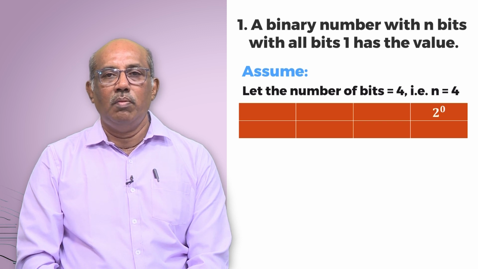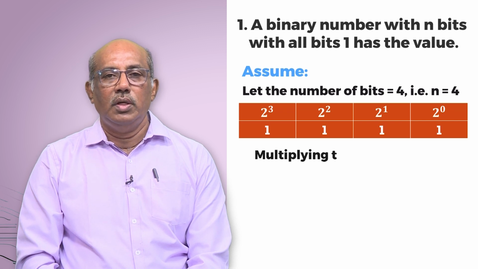The least significant bit has a position weight of 2 raised to 0, followed by 2 raised to 1, 2 raised to 2, and the most significant bit has the positional weight 2 raised to 3. And the bit values, as given in the question, should all be equal to 1.